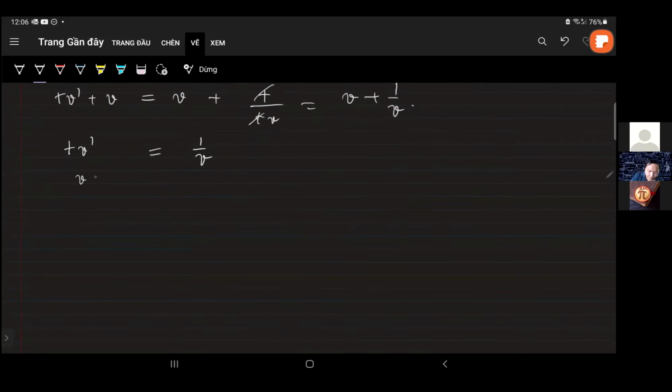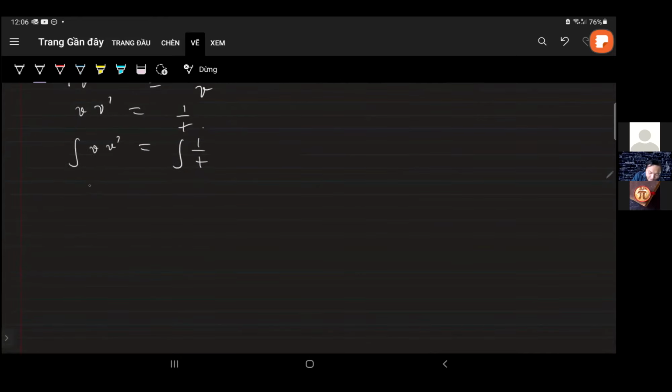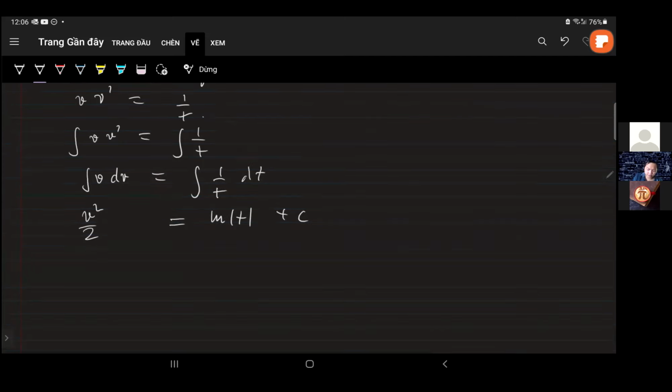So you have v v prime equal to 1 over t, and then you take the integral: the integral of v dv equals the integral of 1 over t dt, and this is v squared over 2 equals log of the absolute value of t plus some constant. Okay, so now you have the implicit form.